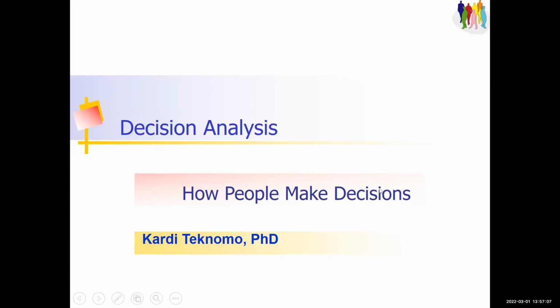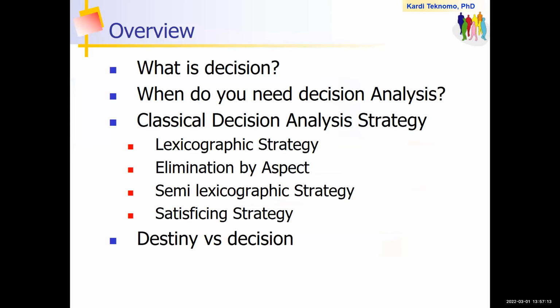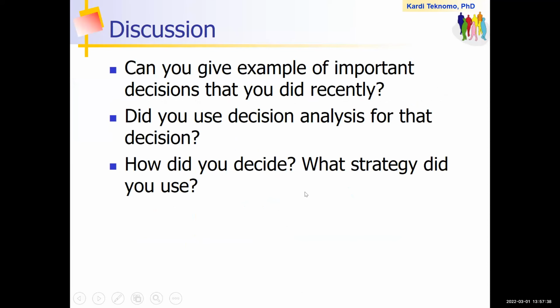This is a new topic, decision analysis. The first slide is about how people make decisions. The most important thing in this slide is what a decision is. The next question is when you need decision analysis, and I will touch a little on classical decision analysis strategy, and destiny versus decision.